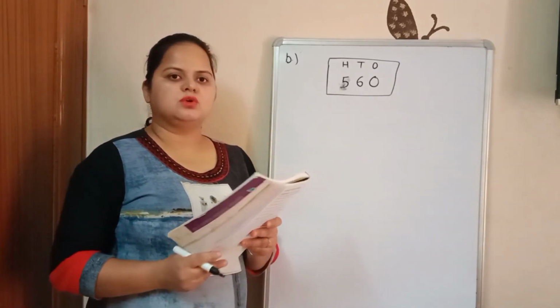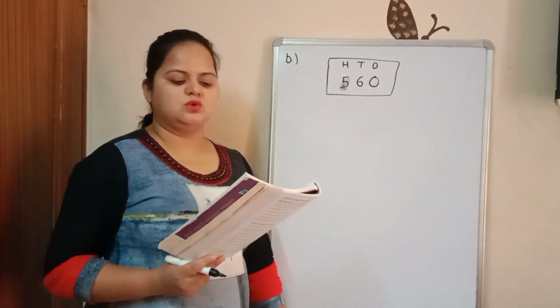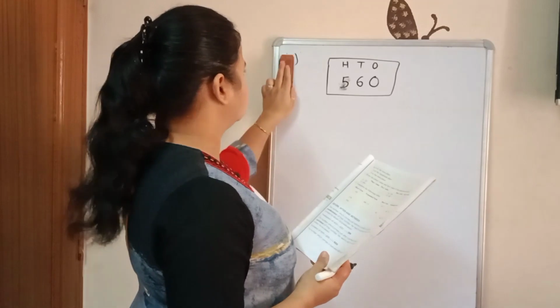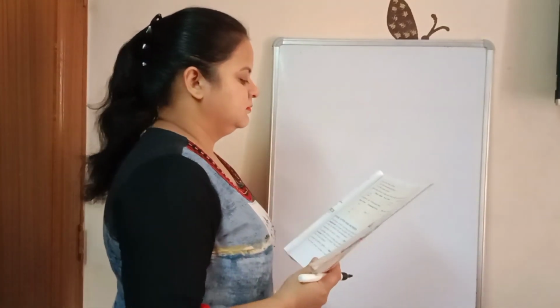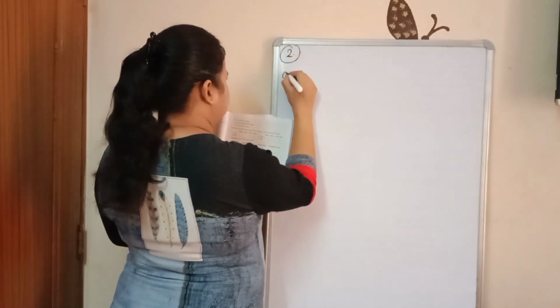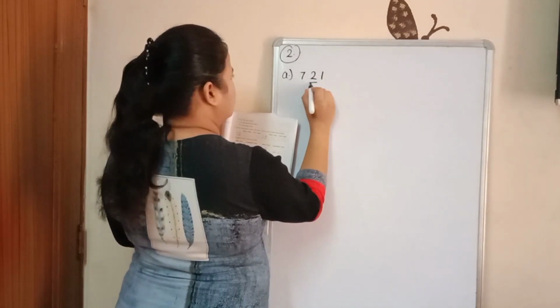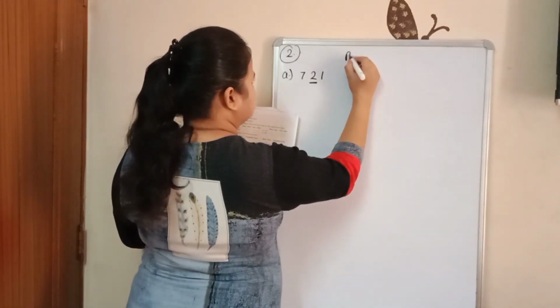So let's have a look at the second sum. Write the place value and face value of the underlined digits. Place value and face value. 721, and 2 is underlined like this.